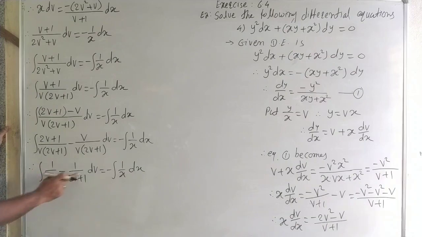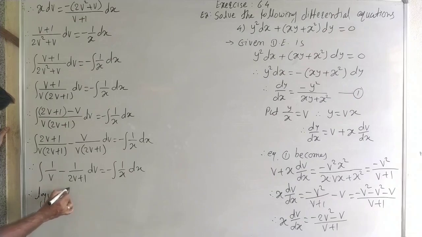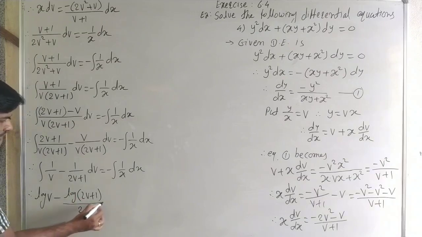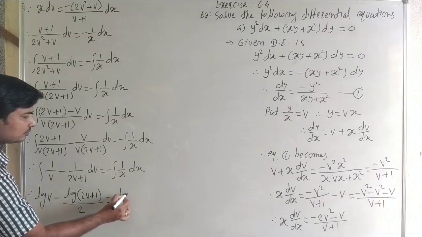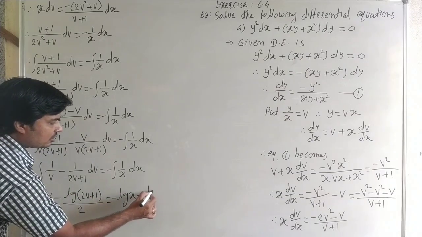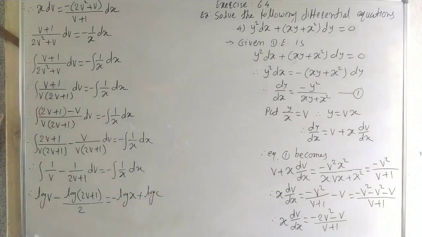It is 1 by v with respect to v, it is log v. 1 by (2v + 1), again it is log of (2v + 1) upon 2. We can integrate. Then it is log v minus log of (2v + 1) upon 2 is equal to minus log x. All integrals are in log, therefore the integral constant we take also in the logarithm.